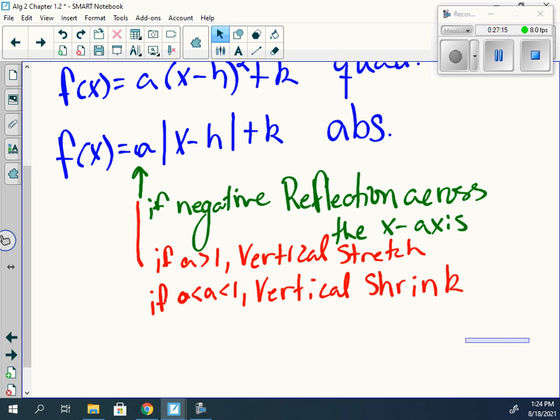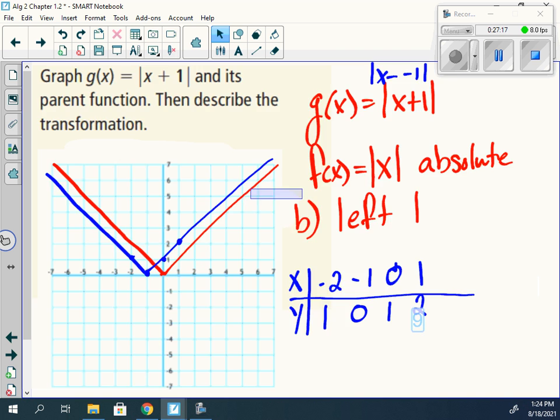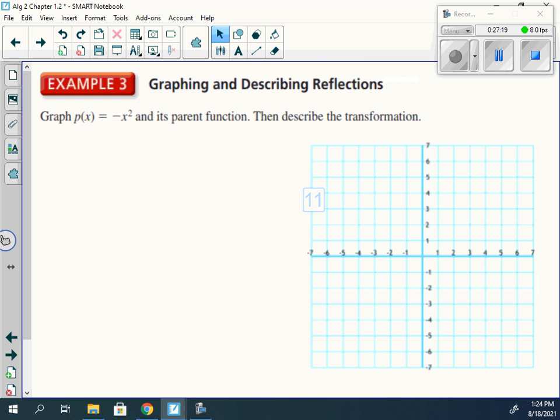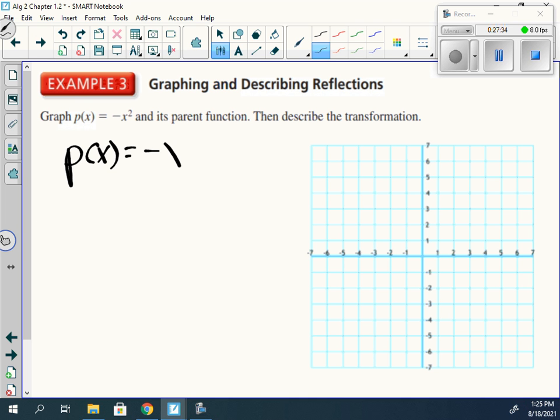Now, let's move on. When we look at this here, the graph of negative x squared, it is quadratic.